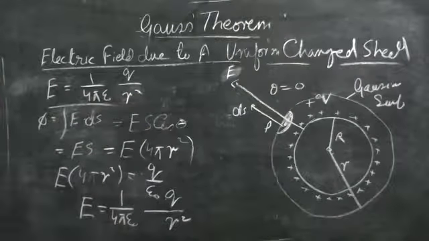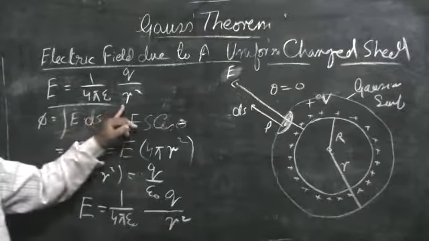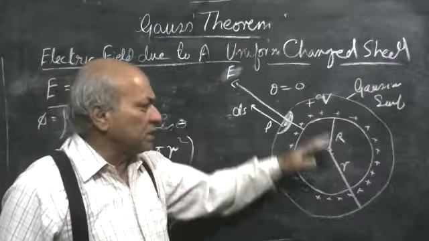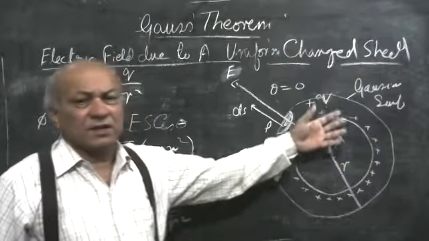This is the electric field at radius small r, which is the Gaussian surface outside the sphere.